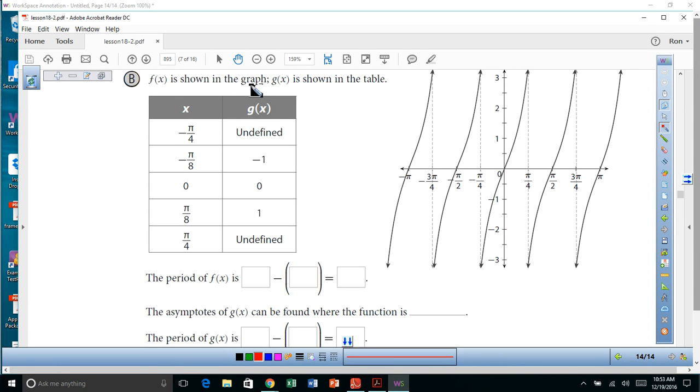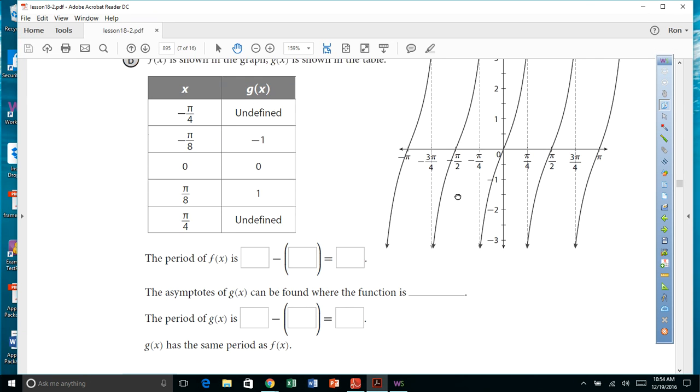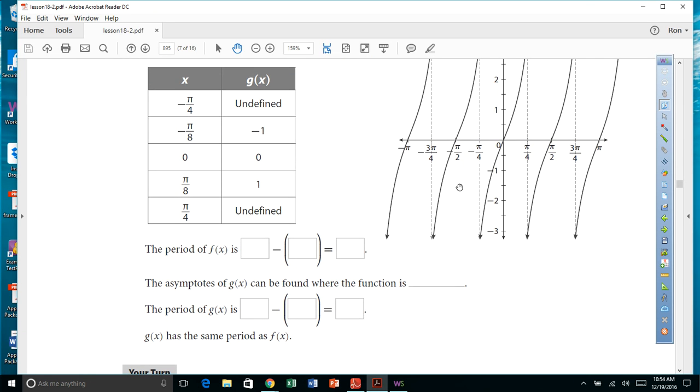All right, so f of x is shown in the graph. G of x is shown in the table. Okay. All right. So negative pi over 4 is undefined. Negative pi over 8 is negative 1. 0, 0. Okay, good.